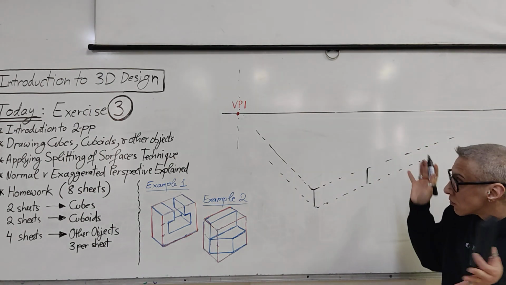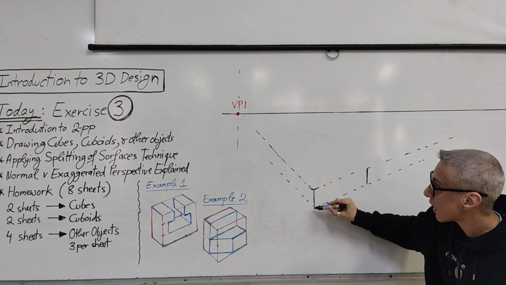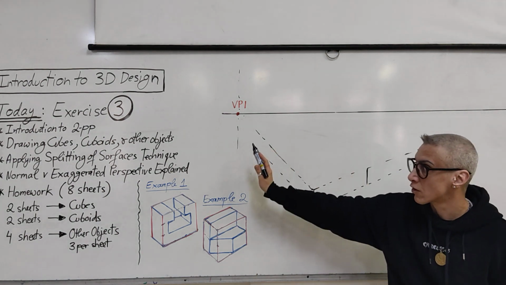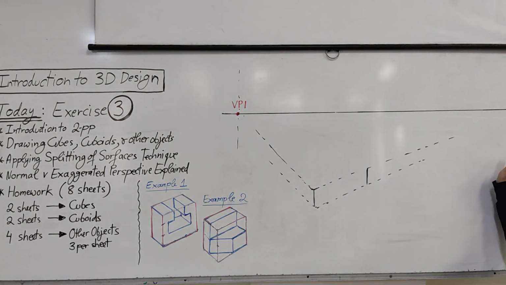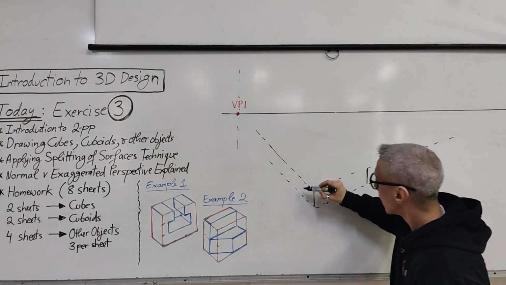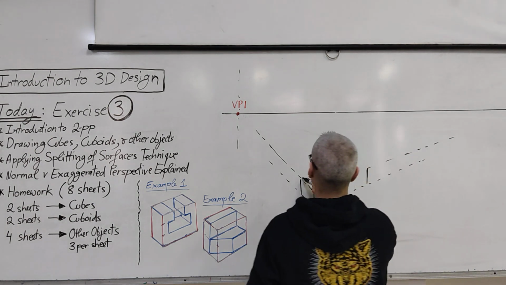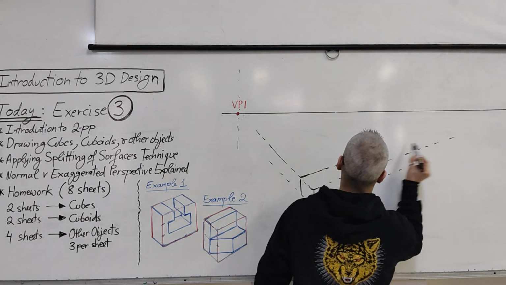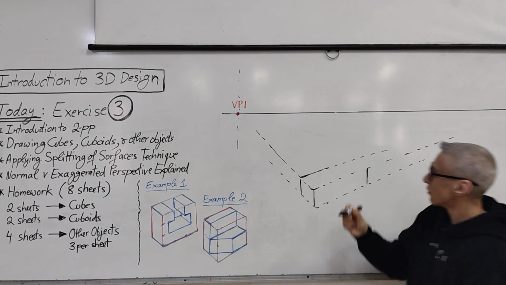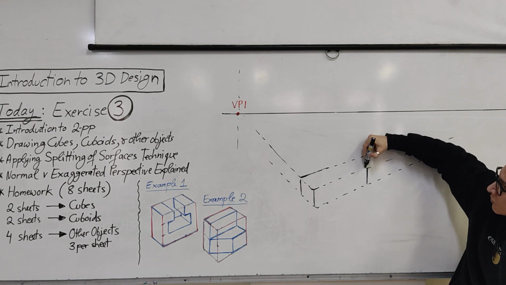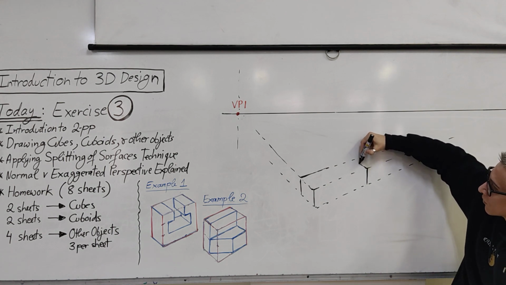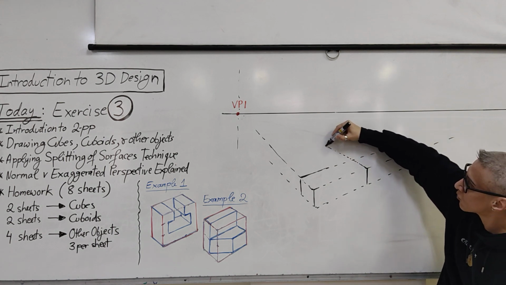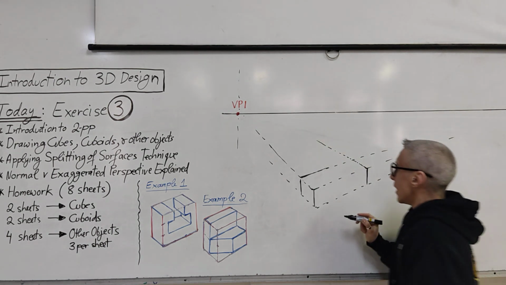So what am I trying to draw? Always this side will be shorter than this if it's closer to this point, and the opposite if it's closer to that point. So from each of the edges, from each of the corners, I'm taking lines to the vanishing points.